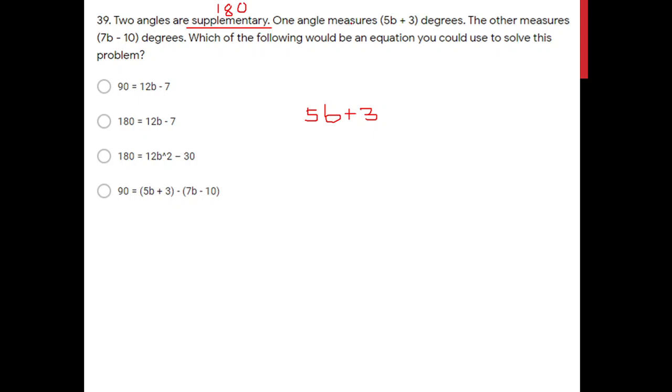Again, the two angles are supplementary, meaning if we add these two together, they equate to 180. So 5b plus 3, plus, I'll just separate these two angles with a parenthesis, plus 7b minus 10.